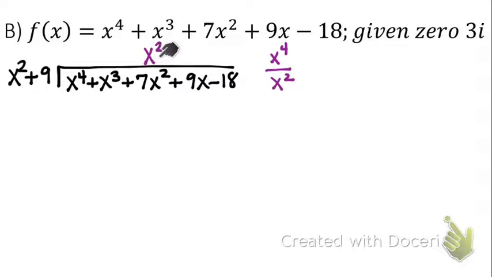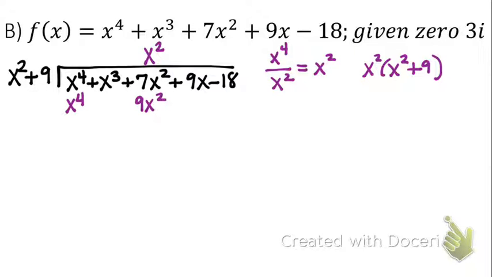Step number 2 would be to take that x squared and multiply it by x squared plus 9. And that's going to give you x to the 4th plus 9x squared. Notice how I'm lining up my like terms.